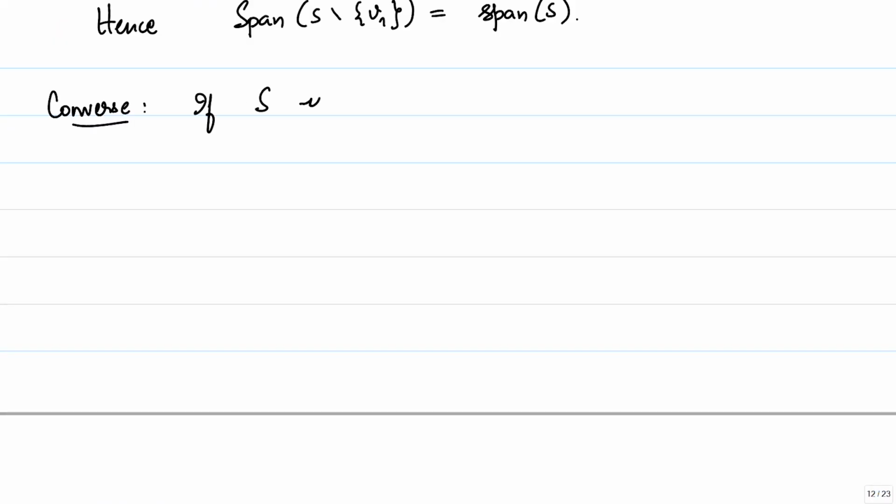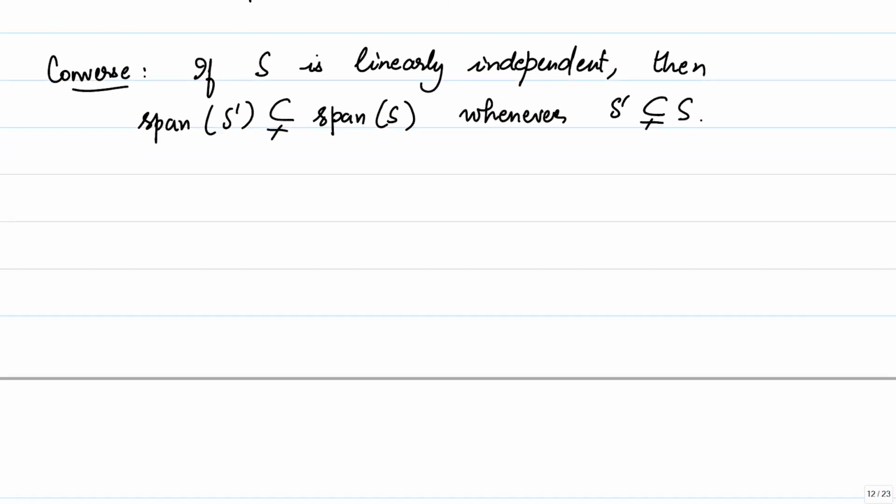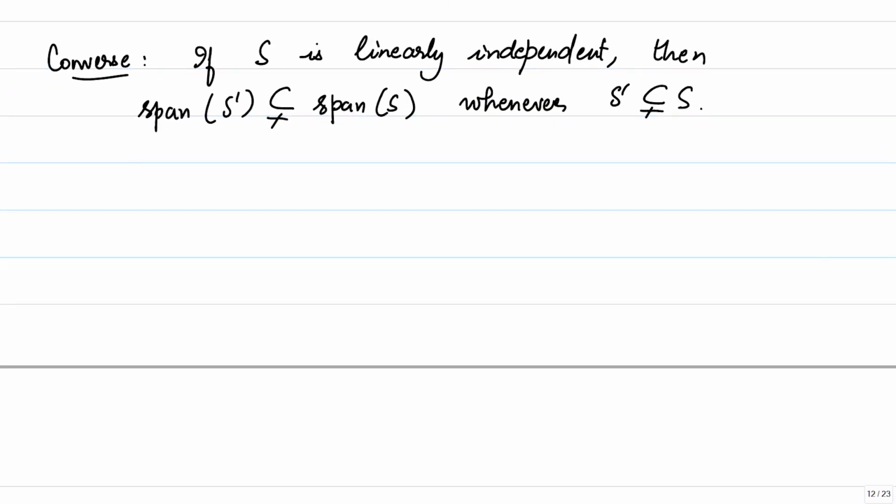If S is linearly independent, then span of S prime is strictly contained in span of S whenever S prime is strictly contained in S. So, the assumption is that S is linearly independent. Let us start with some subset S prime which is strictly contained in capital S.